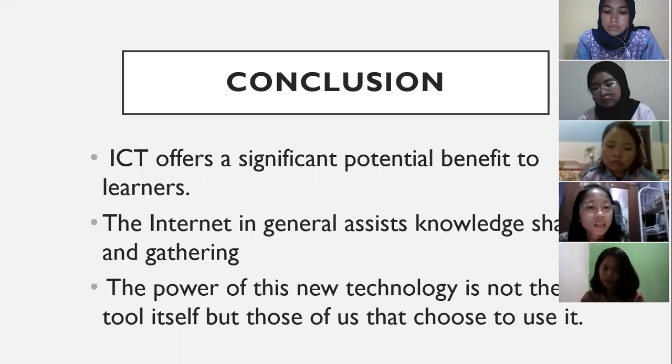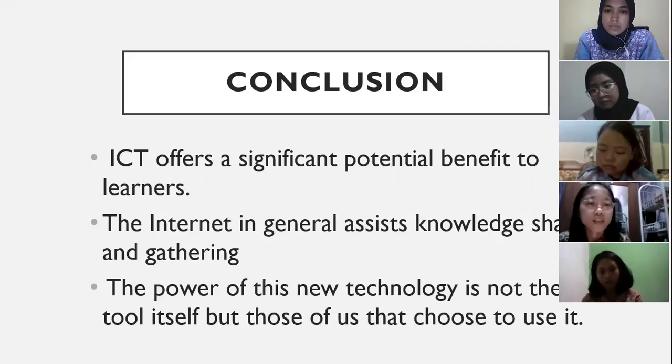And then the second, the internet in general assists knowledge sharing and gathering. Nowadays, with the internet, if we search for information on Google, for example, you type it and the internet shows all the information for you. And from the internet, we can share the benefit with other people so they know that information too.